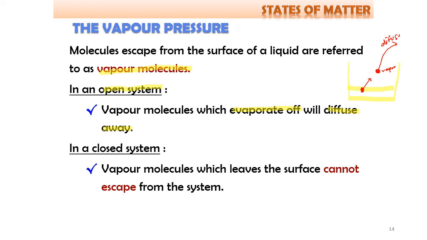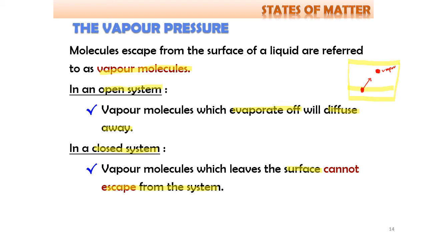Diffuse with the air. Okay, but if you have a closed system, the vapor molecules which leave the surface cannot escape from the system. So maksudnya, if you have a closed system, the vapor molecules could not escape the system even though they dah change to vapor.